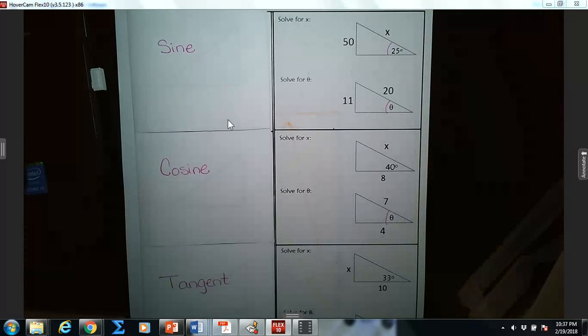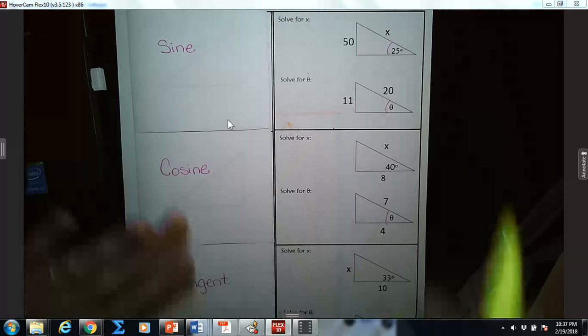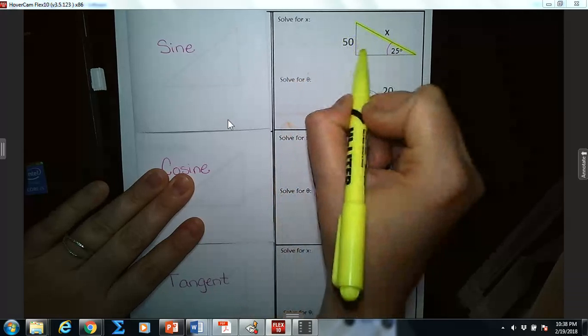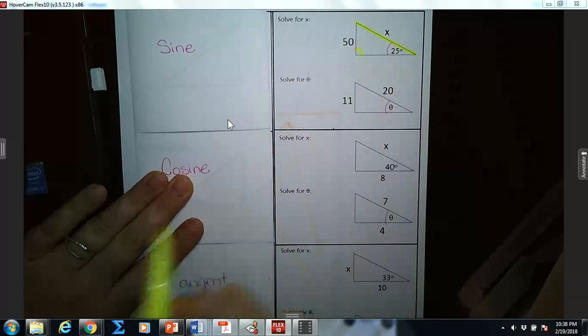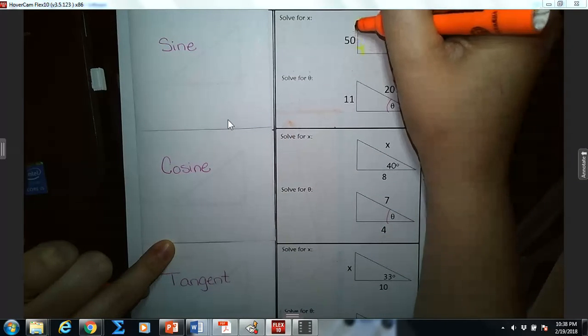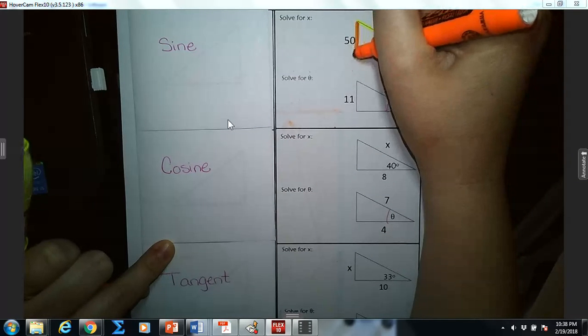If we look at these first 2 examples, okay, we have our angle of perspective that's given. And then the positioning is, we might be looking for x as the hypotenuse across from the 90-degree angle. And then we're being given a 50 that represents the opposite side.